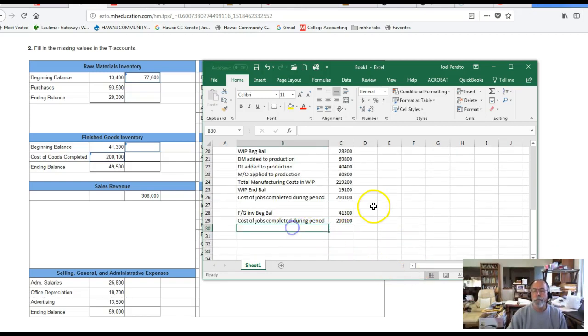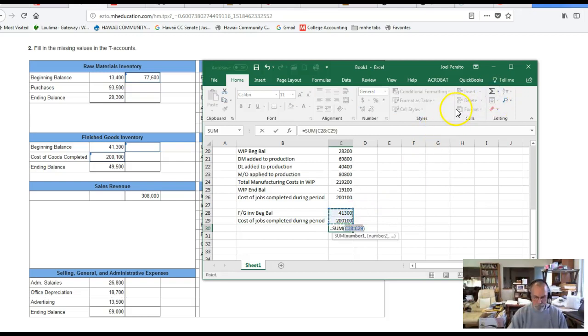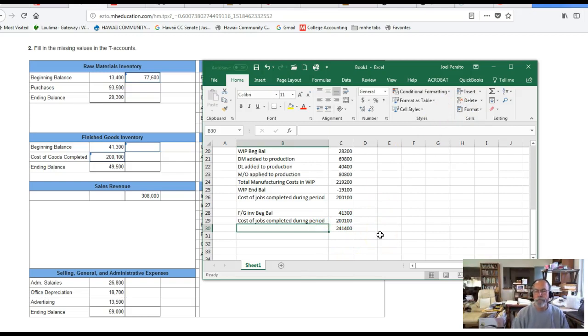And then if we take the total of those two amounts, 241.4, then what could we call that? What would be a good description? That would be the cost of jobs available for sale. That's the total cost of all our finished jobs, and they are all available for sale.